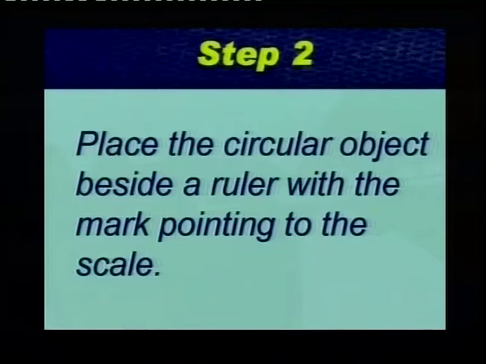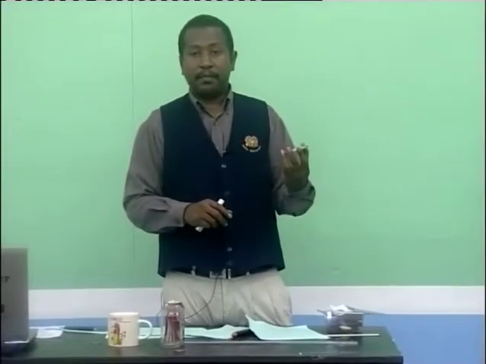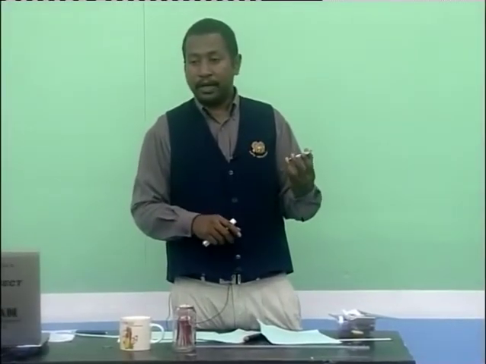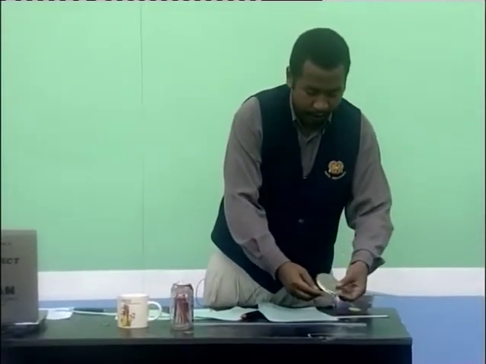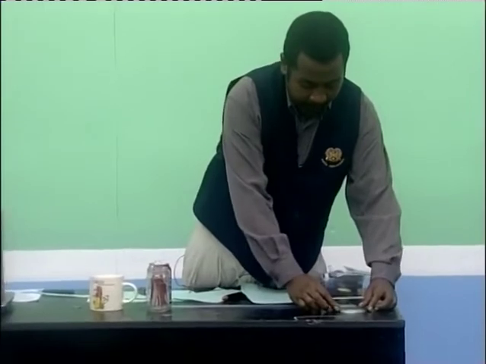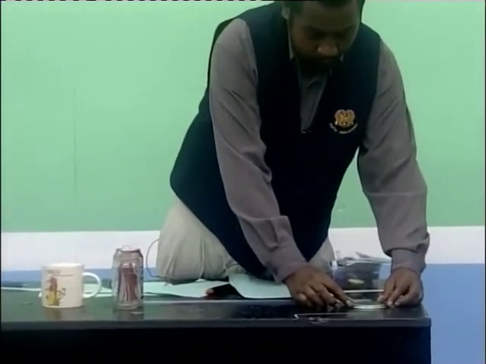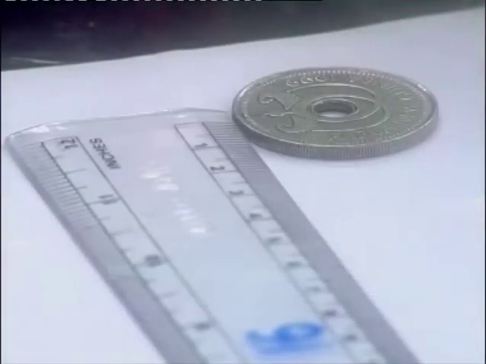So on your table, put out your ruler, and where the mark is on the lid, you place it next to the ruler. Make sure the mark is pointing to the scale where the 0 is, like the example on the screen.